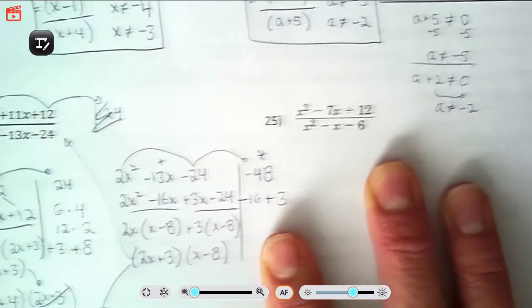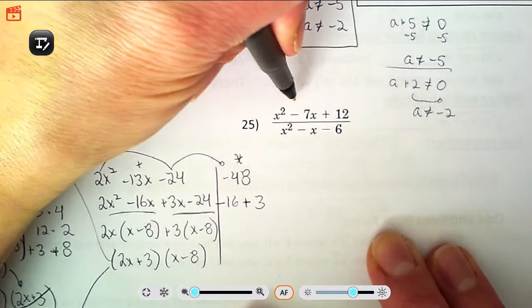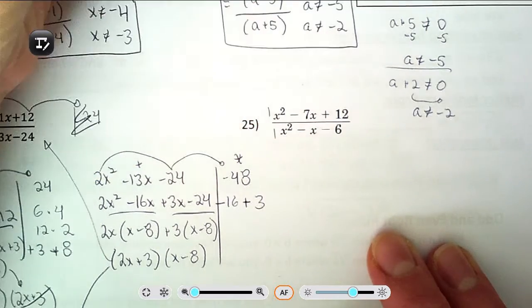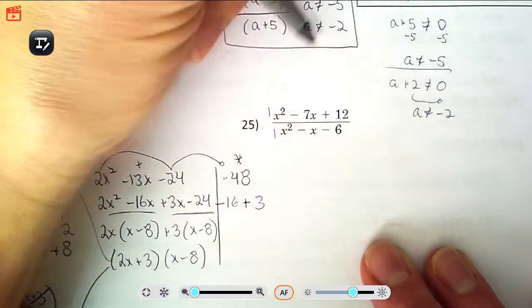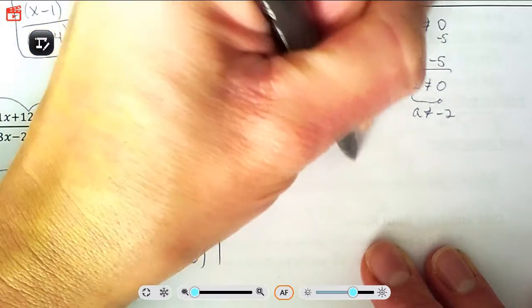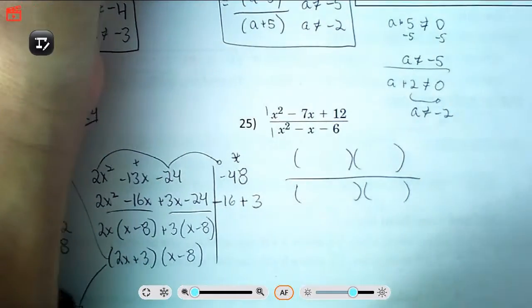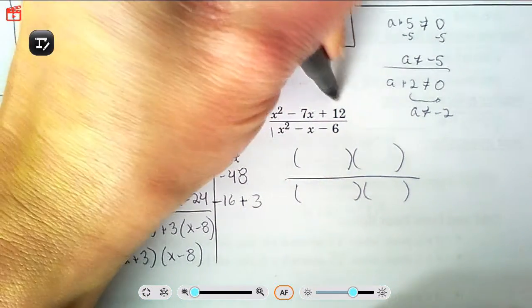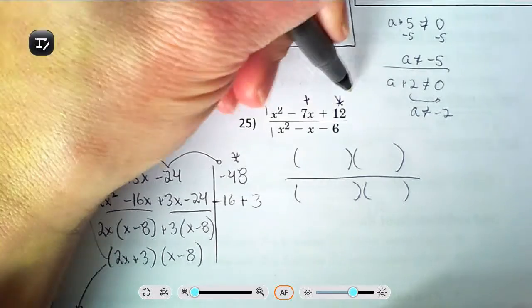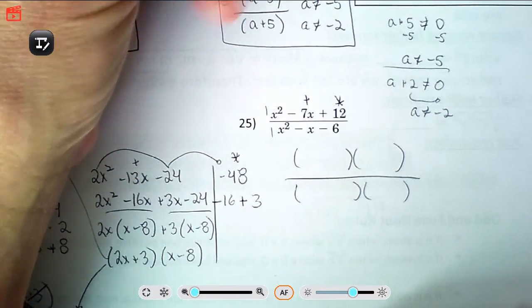Okay, then over here, number 25, we have traditional factoring. Thank goodness. Okay, since there's a 1 in front, it's just one step to your answer. One step factoring. Okay, so let's multiply by 12. Sorry, what are two numbers that multiply to 12 and add to 7?